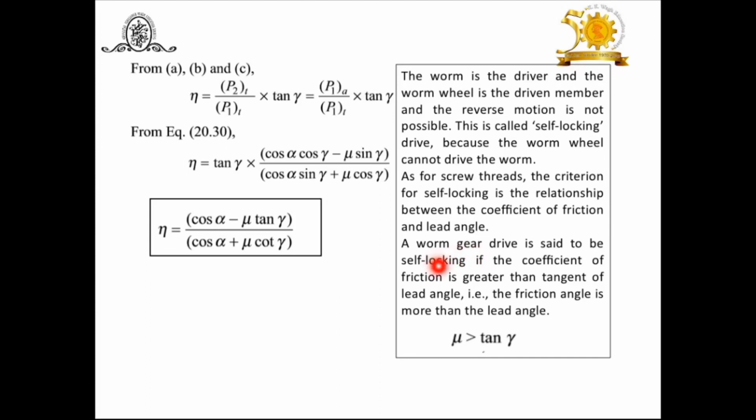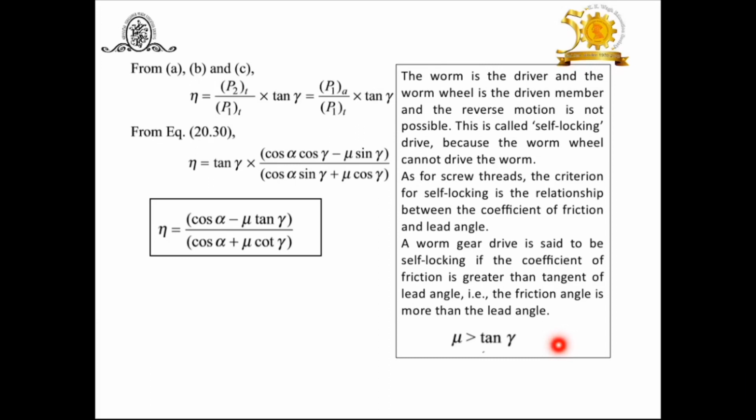We can say a worm gear drive is a self-locking drive if the coefficient of friction is greater than the tangent of the lead angle, that is, the friction angle is more than the lead angle. This condition for self-locking is used in material handling devices or lifting of material in industrial applications of worm gear drives.